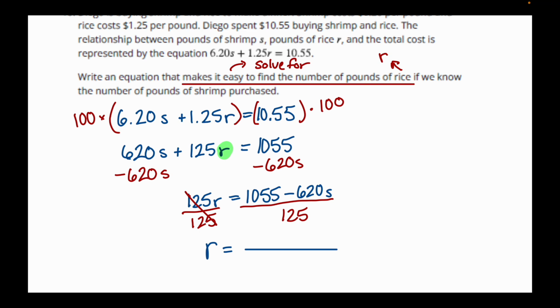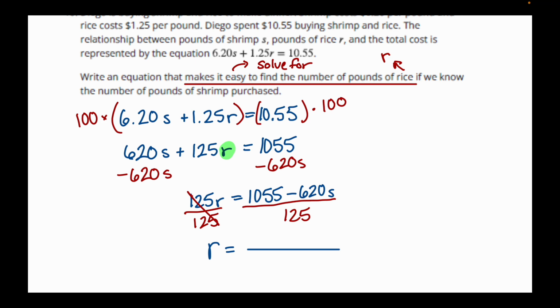And then on the right, we're going to reduce this by dividing everything by 5, including the numerator and the denominator, meaning 125 divided by 5 is 25. And then 1055, when we divide that by 5, we will get 211. And then 620, when we divide that by 5, we will get 124.